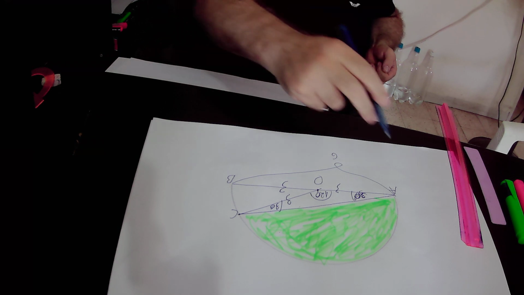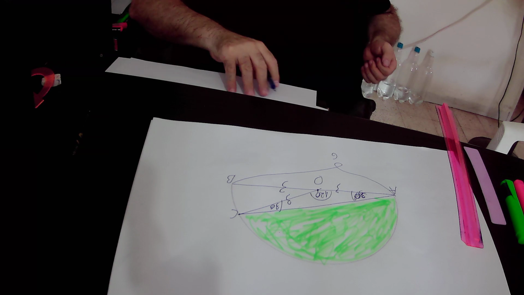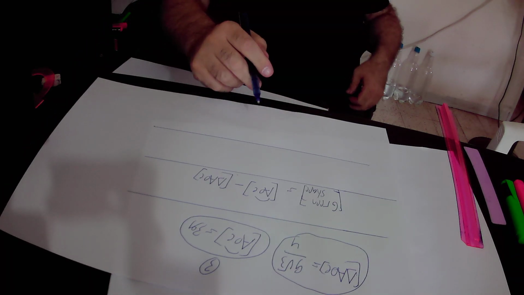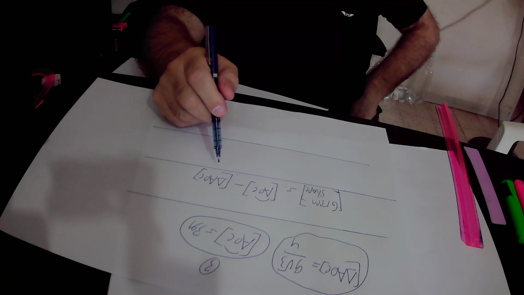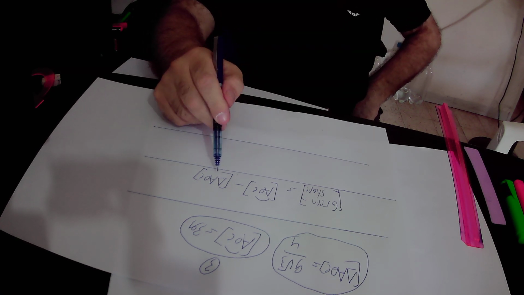Repeat again, the area of sector AOC minus the area of triangle AOC equals simply the area of the green shape.